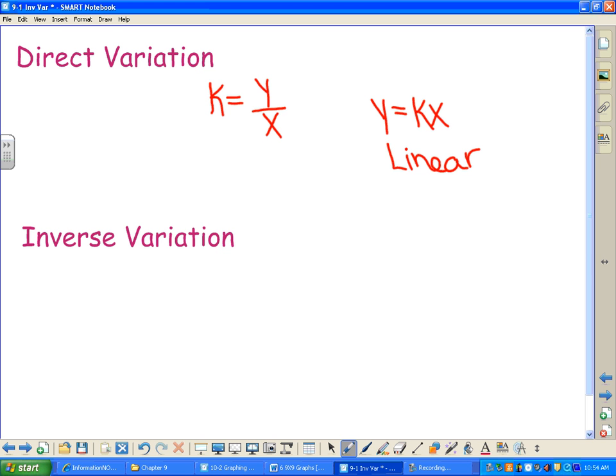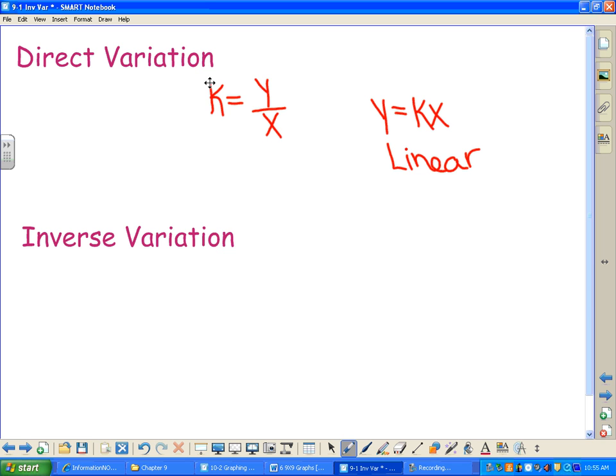So that's a quick little example of a direct variation. That k is called the constant of variation. And whenever you have this y divided by x, you're always going to get that constant of variation. Now, what we're going to start talking about is the inverse variation.